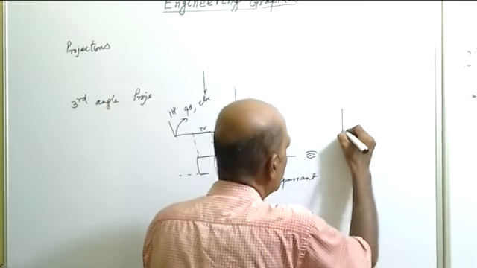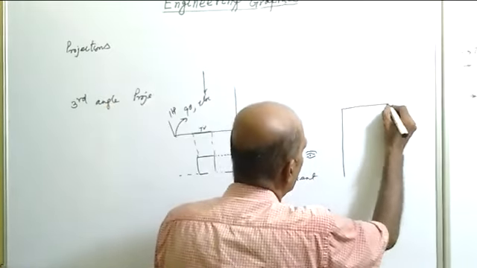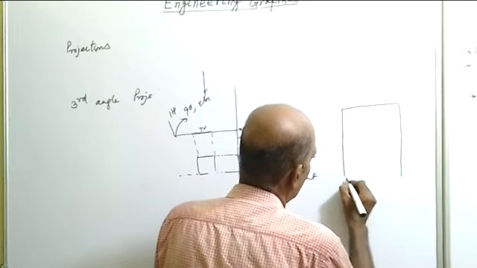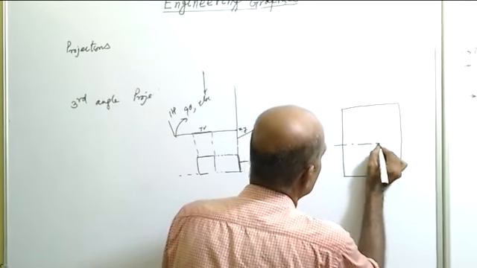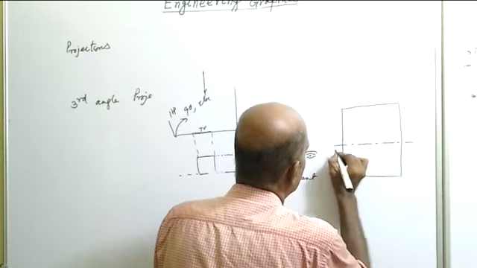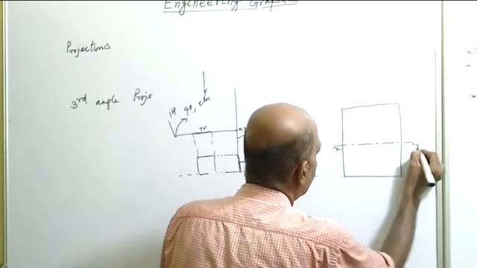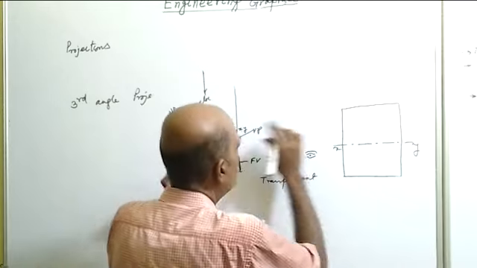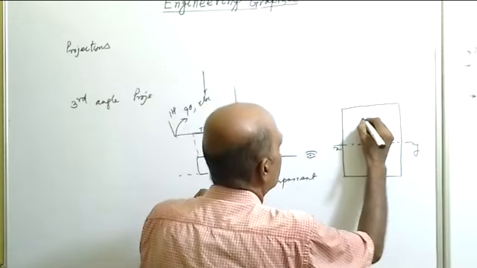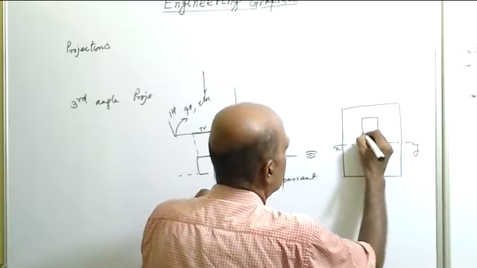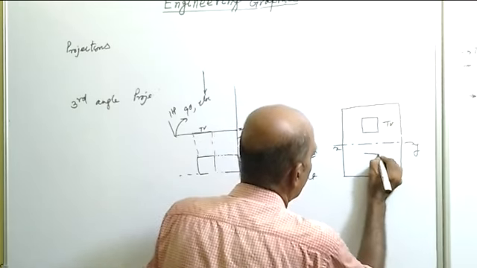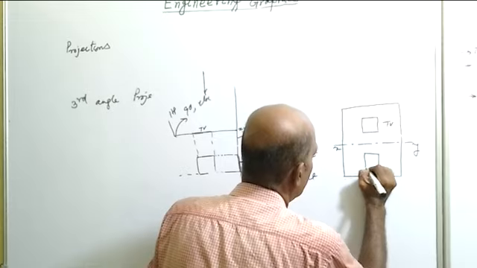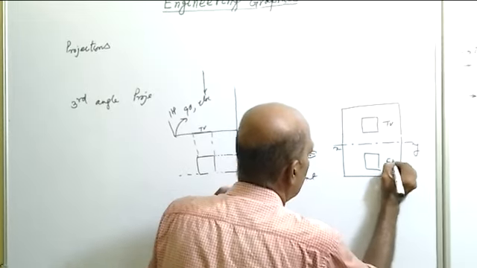If we draw the orthographic view, this is your reference line, that is XY, and this top view will come above the front view. So this is your top view and here your front view will be formed. So this is the front view.